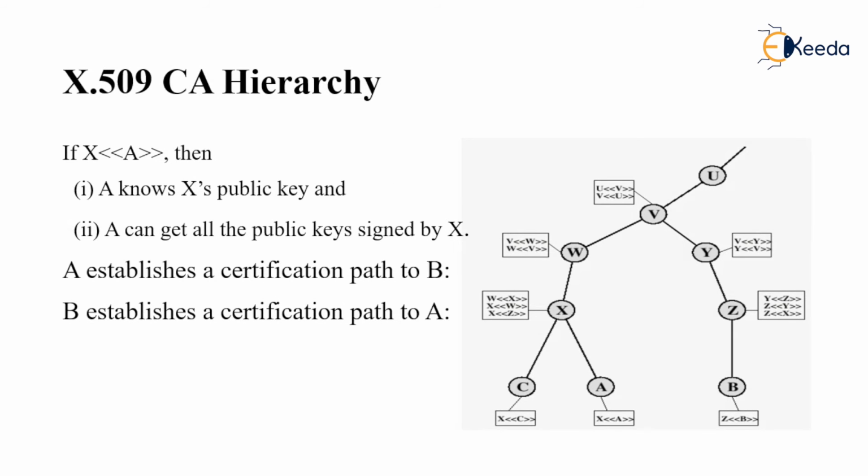This is the hierarchical diagram. Here you can see if a certificate is being issued by X to user A, then A knows X's public key.